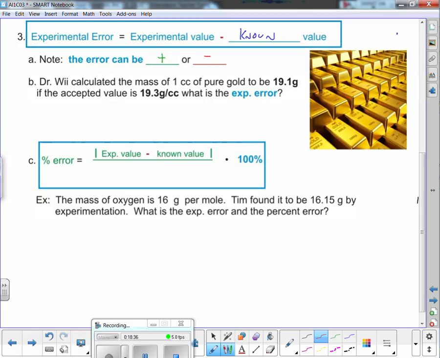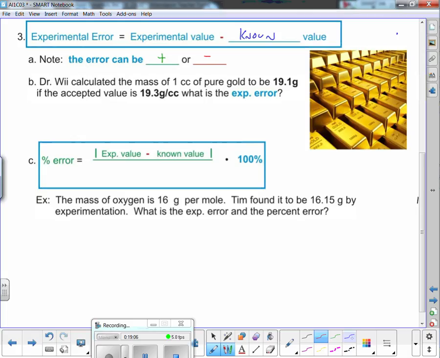You can have a positive error or a negative error. So let's look at example B here. Dr. Wee calculated the mass of 1 cc of pure gold to be 19.1 grams. If the accepted value is 19.3 grams per cc, what is the experimental error?